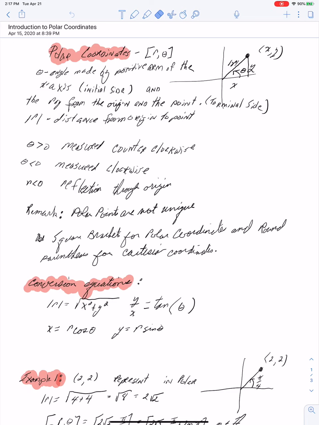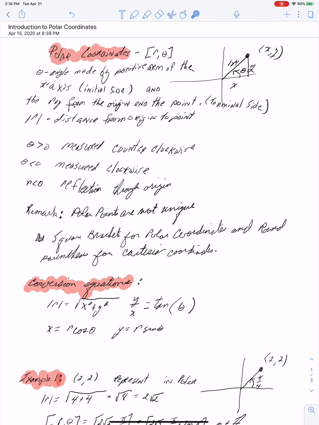All right, so some remarks with respect to polar points. The first remark is that polar points are not unique. That is, I could have two different points or two ordered pairs that represent the same point. Okay, and that's because the angle theta need not be unique.